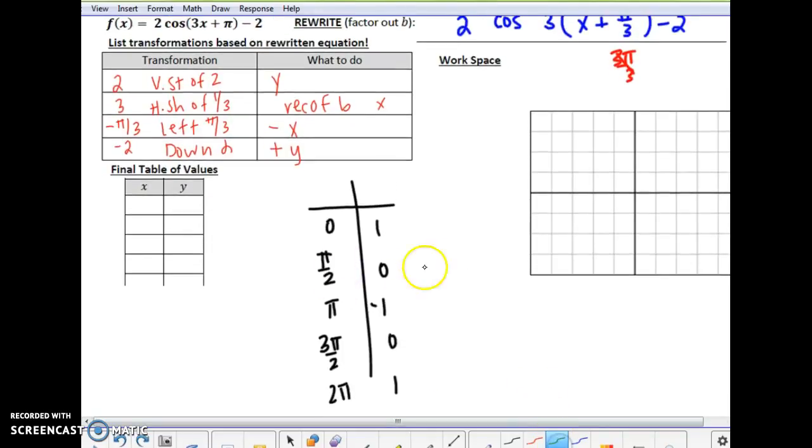Okay, so we're going to multiply all of our y values by 2. All of our x values by the reciprocal, so it's going to turn into pi over 6.